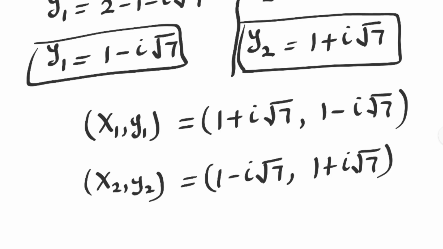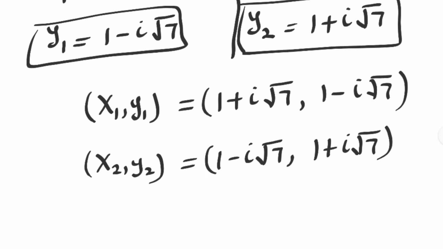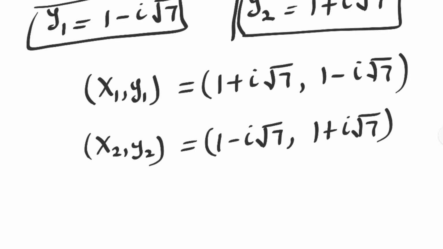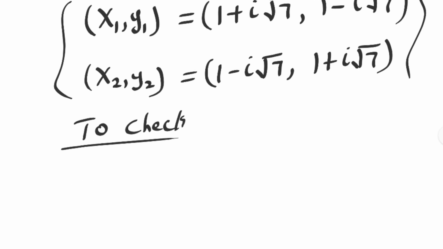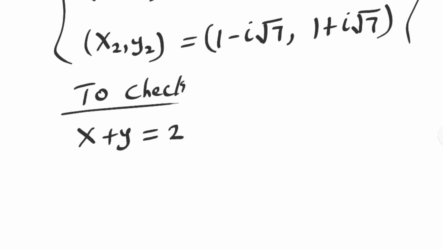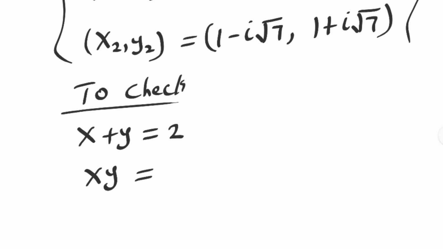You can see that the value of x1 here is equal to the value of y2 here, and the value of x2 is equal to y1. We may check to confirm if this answer is right or wrong. Let's check. To check, we have the given equation x plus y is equal to 2, xy is equal to 8.